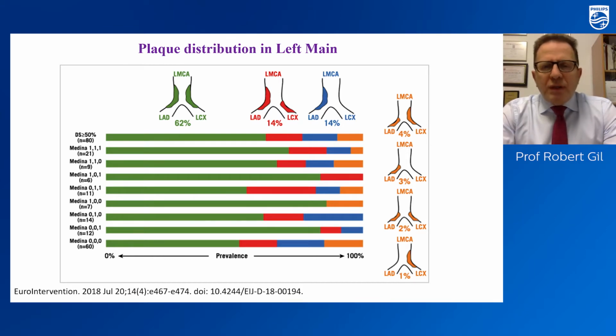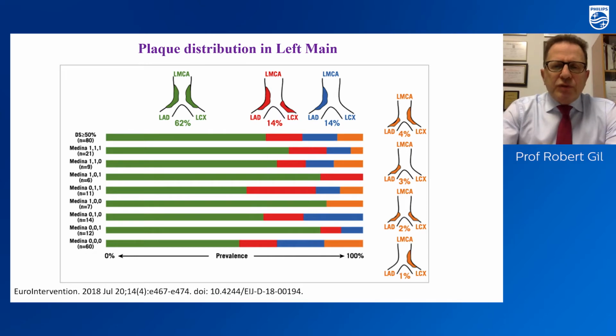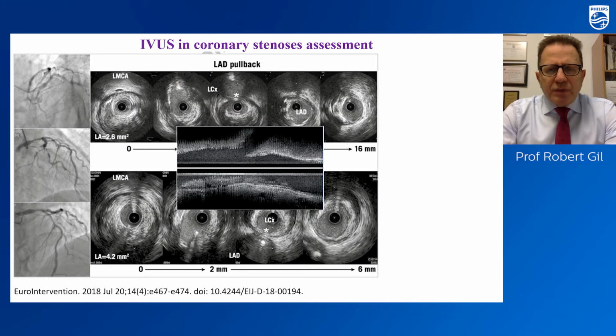However, mostly the plaque distribution exists in the left main but spreads into the LAD and circumflex. This is very important information which is necessary to choose the optimal technique for distal left main treatment. But of course, we can facilitate our decisions and simplify our daily work, since we are able to use intravascular visualization.